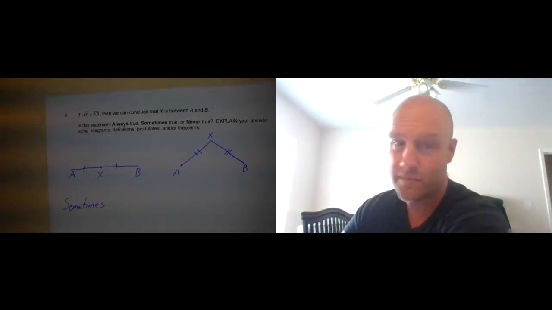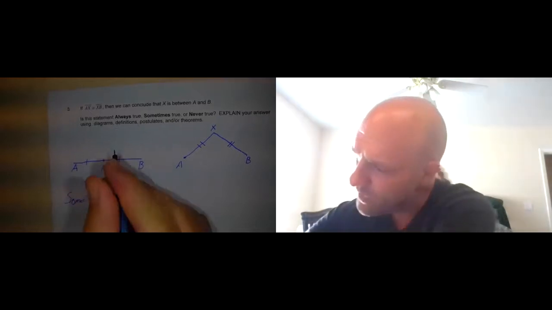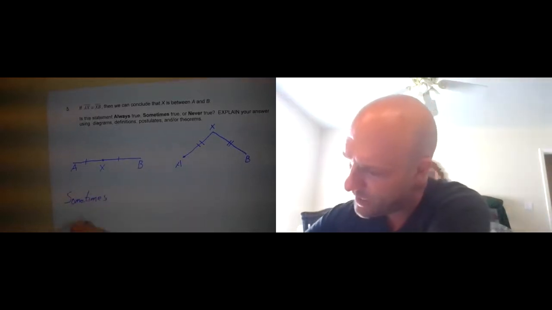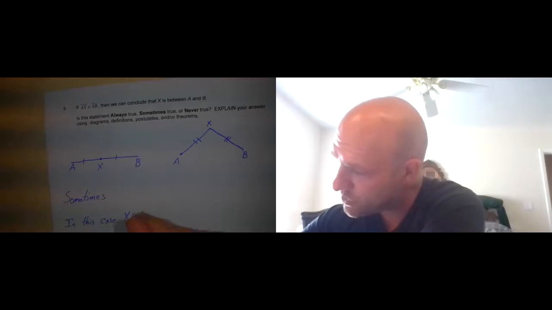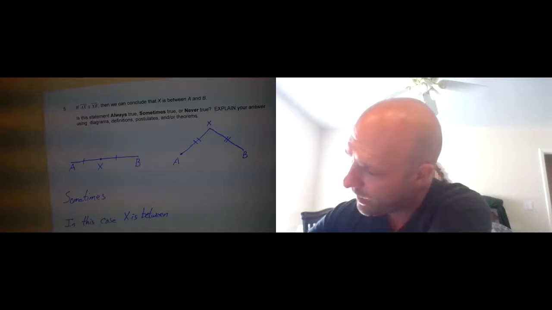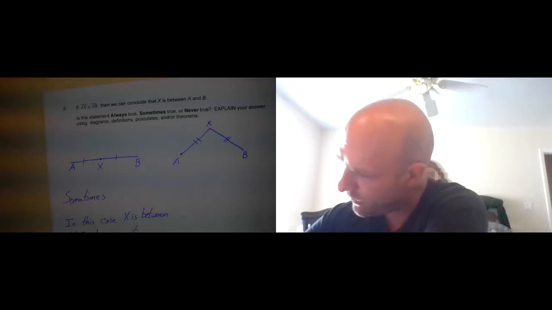Big hint, if you're ever confused, it's probably sometimes. In this case, X is between A and B because they are collinear.